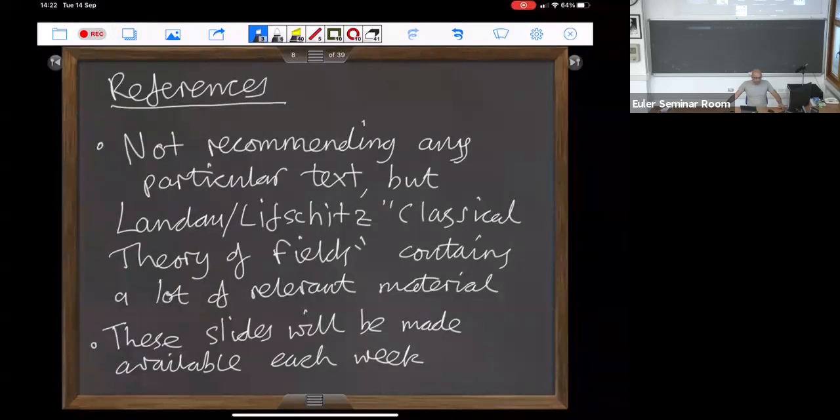It sort of follows the logic of Landau and Lifshitz's presentation, which is chapter 1 of this book. The slides, which are the lecture notes as we go along, I'm going to do on my iPad here. And these will be made available regularly for you to have as a reference. And of course, then there are the video recordings.